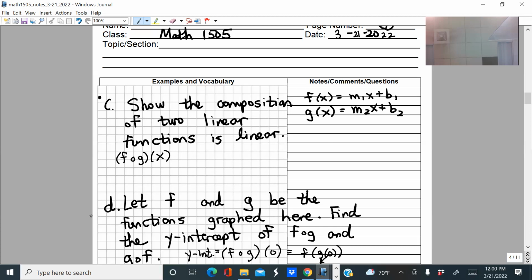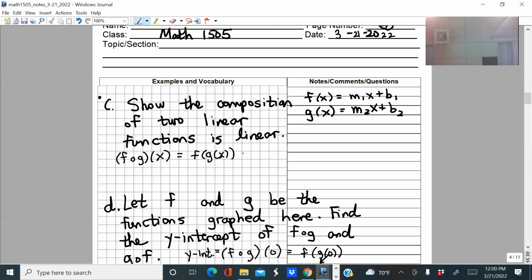All right, so here's always the key thing to remember for composition. f compose g of x means what? f of g of x, right? So that's just a phrase you have to memorize, all right? f compose g of x means f of g of x.